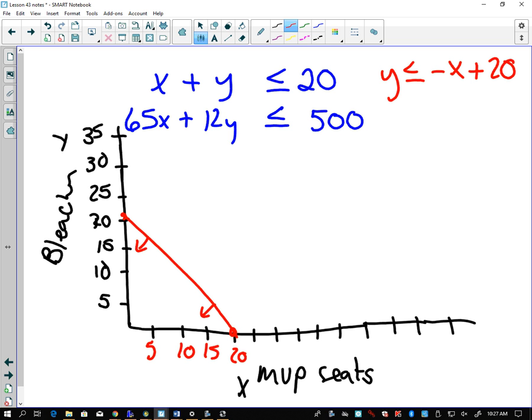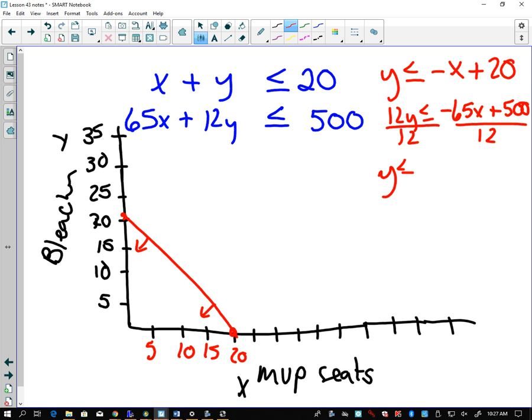All right, let's look at our next one. Let's see, so this would be 12y is less than or equal to negative 65x plus 500, right? Okay, but then we'd have to do what there? Divide by 12. So y is less than or equal to, what's negative 65 divided by 12?